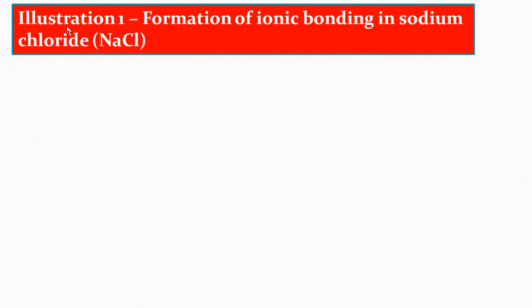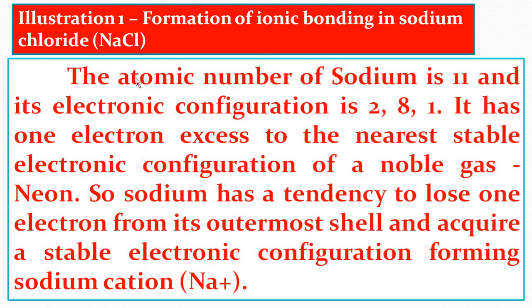Now, illustration 1: the formation of ionic bonding in sodium chloride. Sodium means Na, chloride means Cl. The atomic number of sodium, symbol Na, is 11 and its electronic configuration is 2, 8, 1, so it has one excess electron relative to the nearest stable electronic configuration of a noble gas, which is neon.